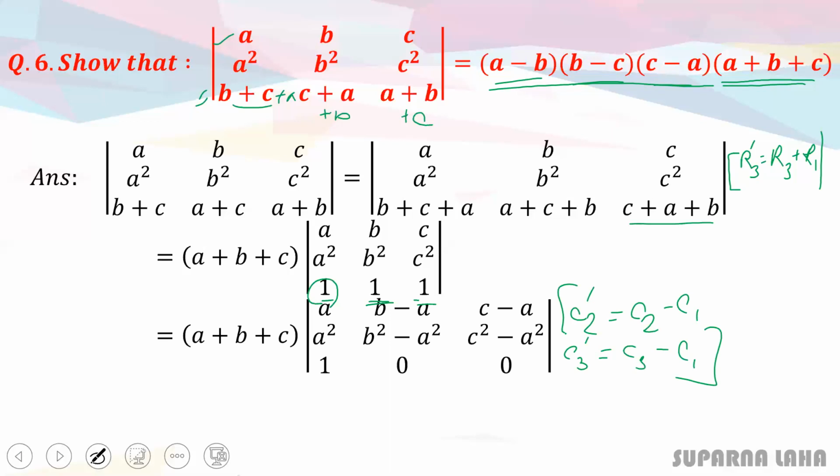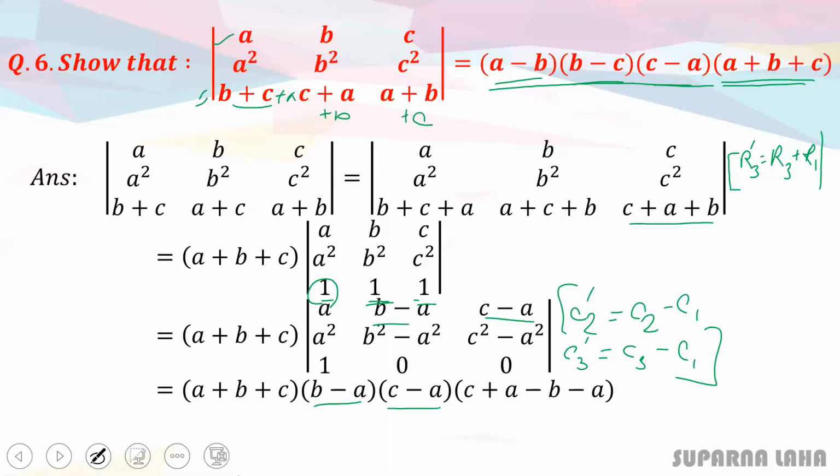You will find this order 2 determinant, and if we find this value, take common C minus A and B minus A, and you will find this value. Take this plus A minus A, just cut it, remove this, so C minus B. So B minus C here, again adjust this minus with these 2 factors, that is C minus B and B minus A. So we will find the answer ultimately. So we proved it.